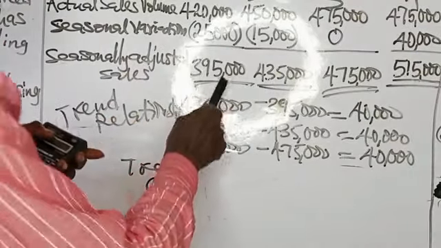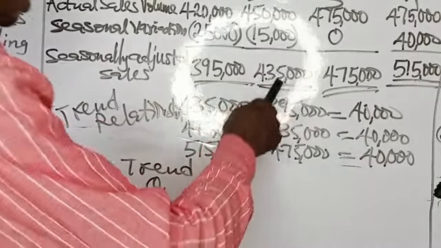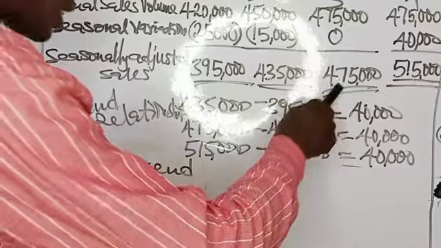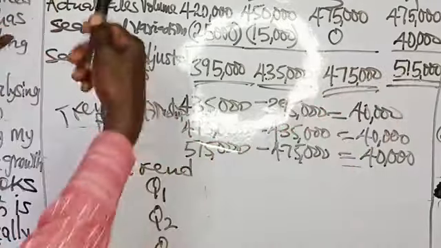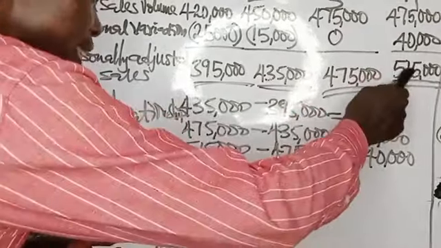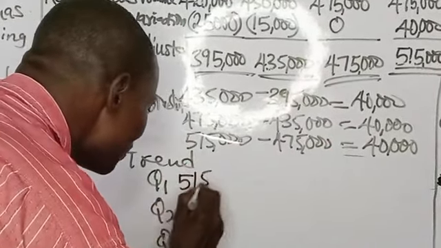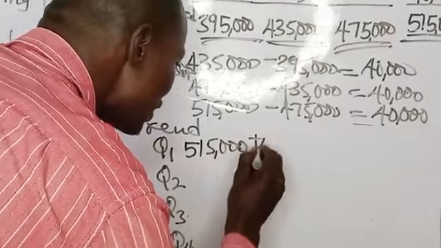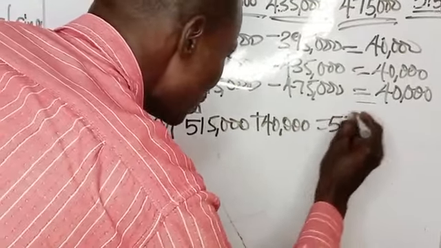395,000 plus 40,000 will give you 435,000. 435,000 plus 40,000 will give us 475,000. 475,000 plus 40,000 will give you 515,000. That is the trend. Then first quarter of the following year, you have 515,000 plus 40,000 as well, that gives us 555,000.